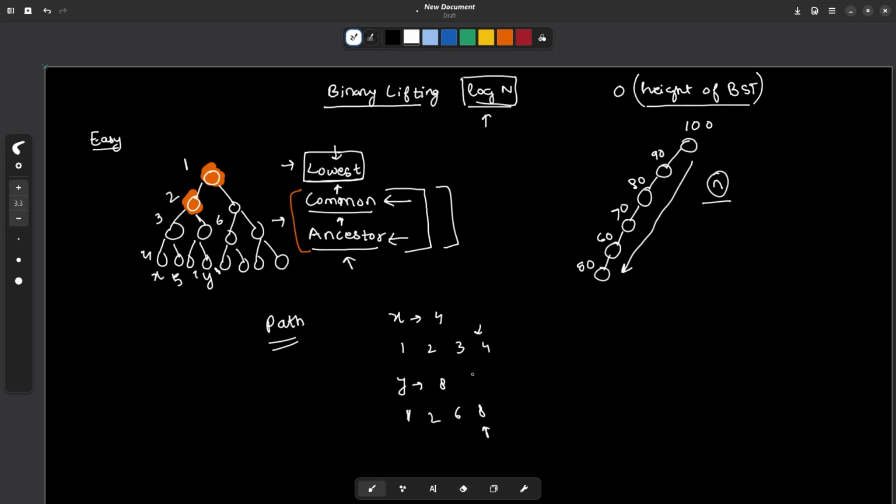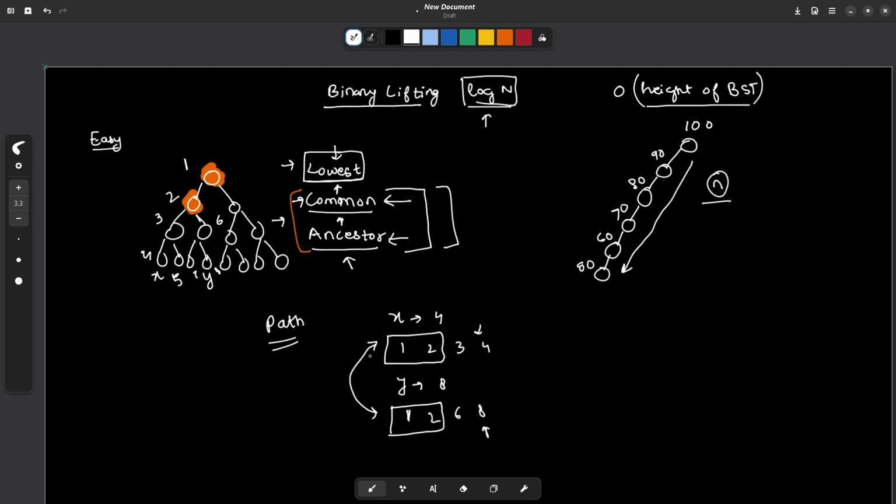Now we try to define our definition by adding one more keyword, that is common. So if I talk about common ancestor, then these are the two nodes that are the ancestors of both x and y and are common between them, right? So you see, first I also had 3 and 6 here, but since they are not common among each other, I'll have to remove them, right? So I'll remove them. Now these are the common ancestors between these two nodes.